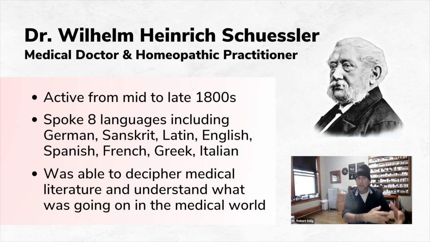So he was able to interpret the medical literature of old from those languages, as well as he was fluent in English, Spanish, French, Greek. So he had the ability to decipher all the medical literature during his day and time and see what was happening. And that gave him the upper hand of what was going on in the medical world.